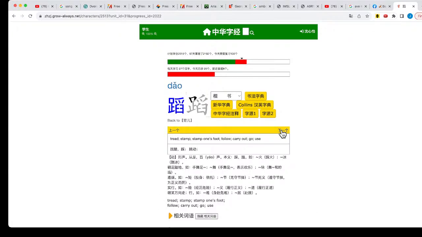Next one, 蹈. 蹈 means tread, means stamp, means stomp one's feet. This is called 蹈. Then of course that also means following, carrying out things, go and use.